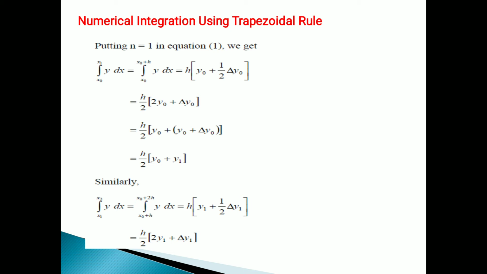Similarly, if we integrate the function in the range x1 to x2, and when we write x1 as x0 plus h and x2 as x0 plus 2h, we get h by 2 into [2y1 plus delta y1].